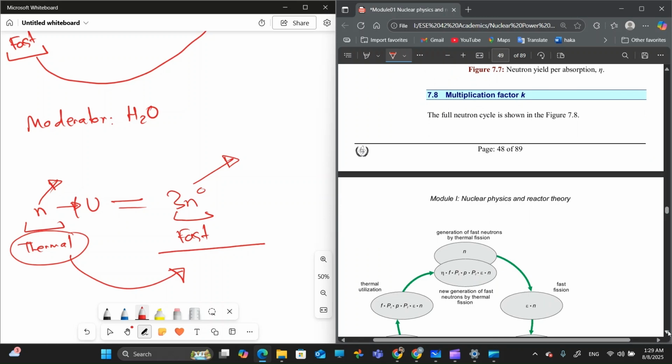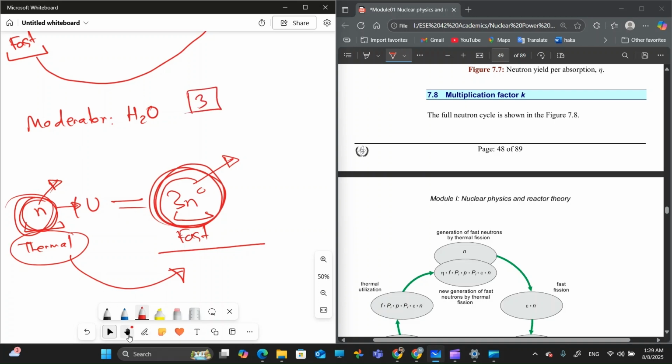Multiplication factor is basically the number of neutrons you had in the beginning of the cycle and the number of neutrons you have at the end of the cycle. So if you take this example, we have three neutrons here after the end of the cycle, and in the initial phase we had only one neutron. So here multiplication factor is 3.